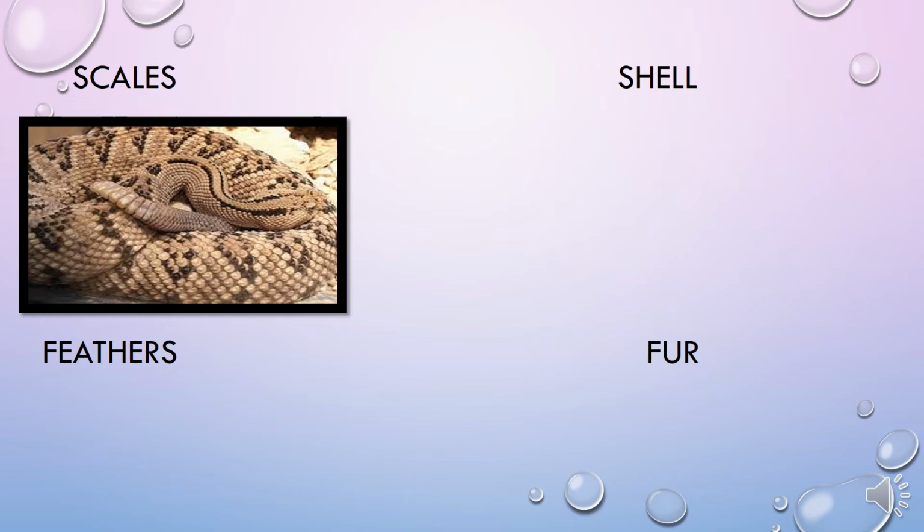They help to prevent the loss of water from the body surface, and a snake also uses the scales to move on the land. You can see in the picture that the body covering of the snake consists of scales, which help in preventing the loss of water and also in moving on the land.